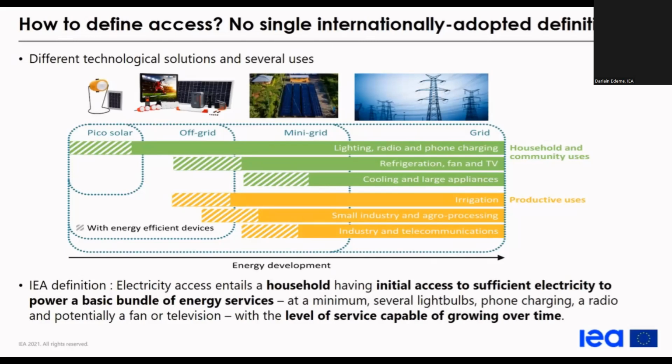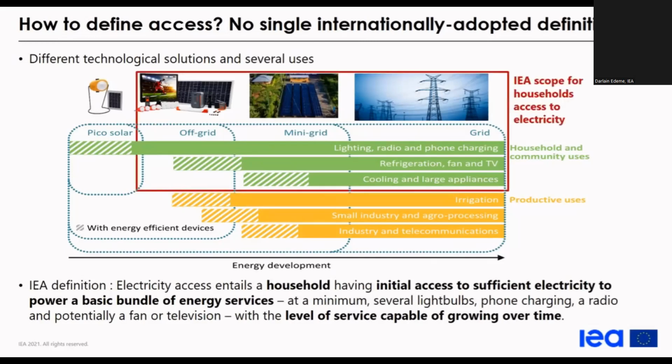So, to be more concrete, what we consider as access to electricity and what is not is what you can see with this red rectangle, with the IEA starting with solar home systems and not taking into consideration the smallest solar lanterns.